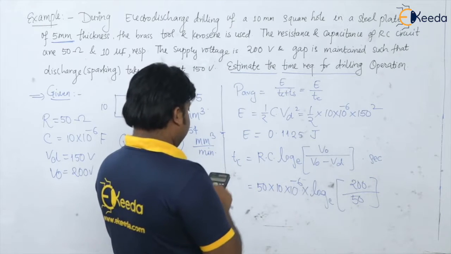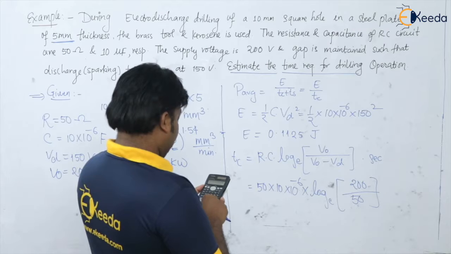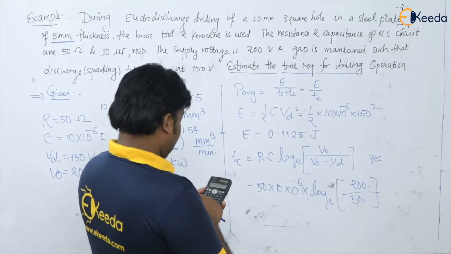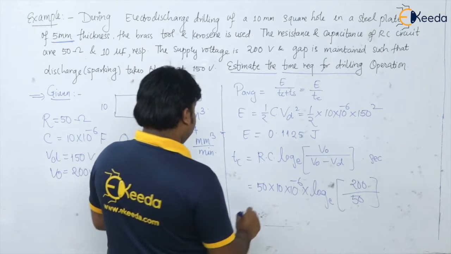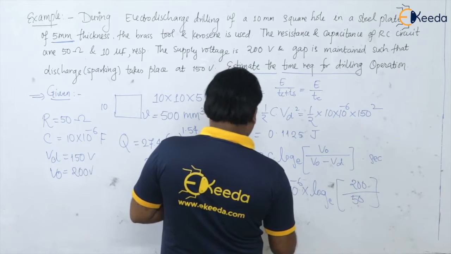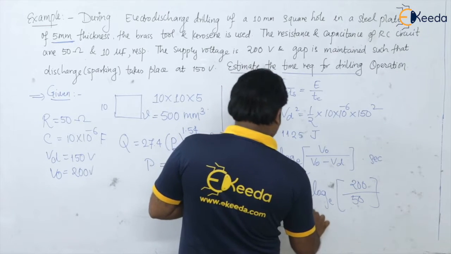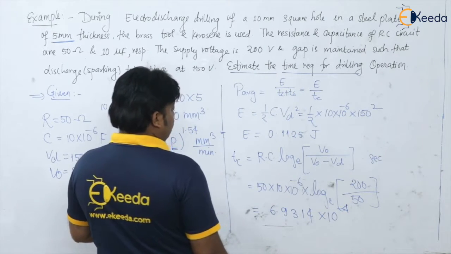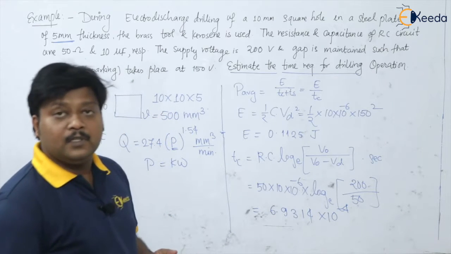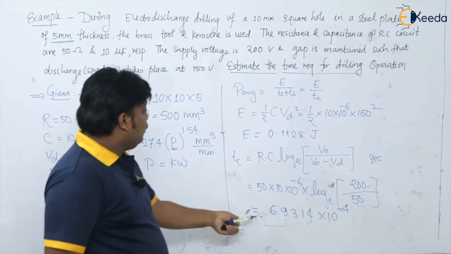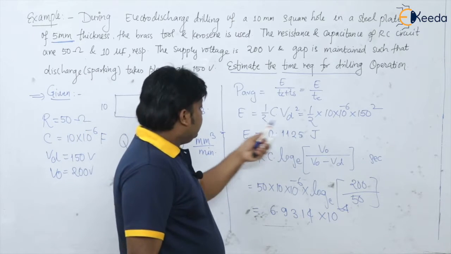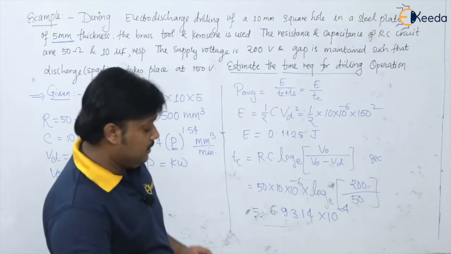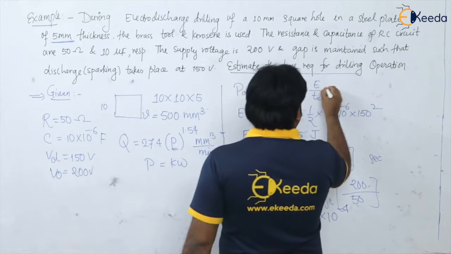So we can calculate 500 into 10 to the power minus 6 into ln of 4. How much is it? It is, say, 6.9314 into 10 to the power minus 4. Okay. So you get here the value of Tc, the charging time, and you have the value of the energy released per spark. So put them here and you will get the value for the power. That is, energy is how much?